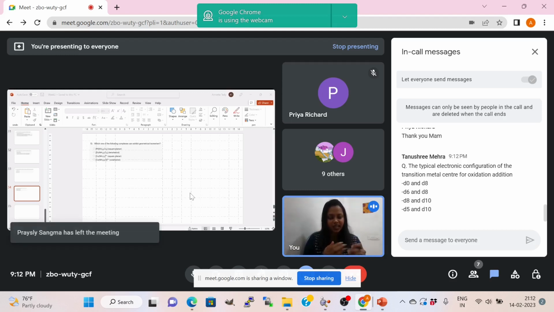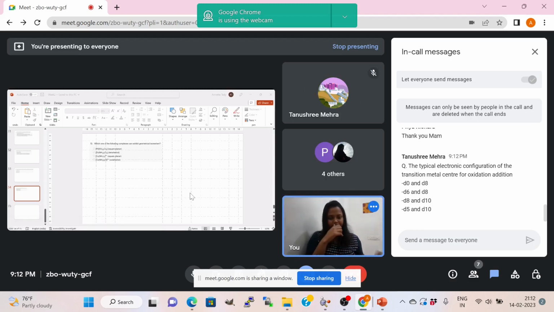Oxidation is basically the removal of electrons, right? So whoever has more electrons will be oxidized. From that, can you guess which is the more probable answer? The C option, D8 and D10. Yeah, D8 and D10 can be an answer, but since D10 is fully filled, I'm not sure. It can be D6 and D8 also.